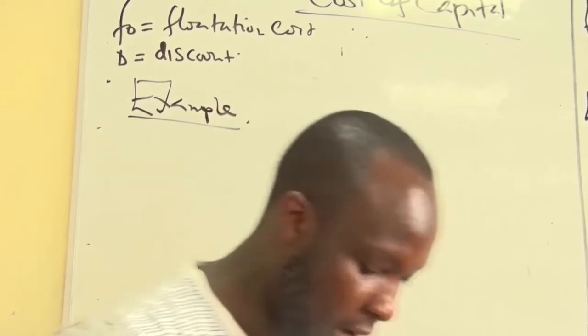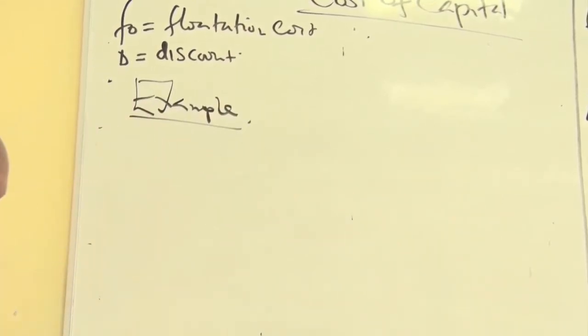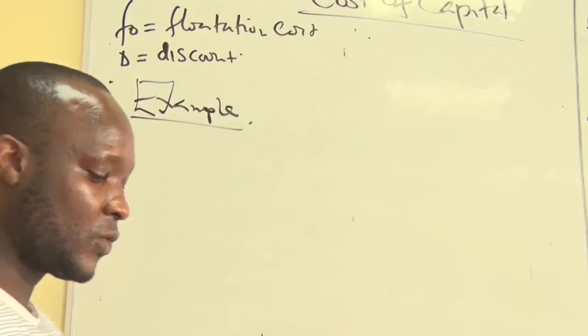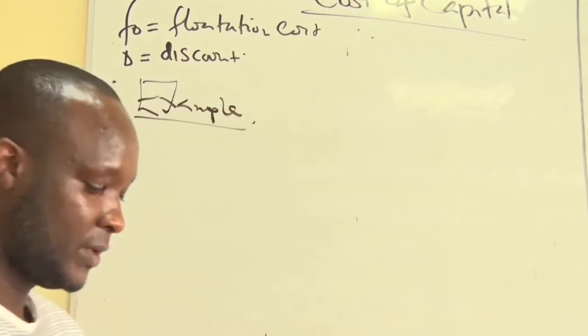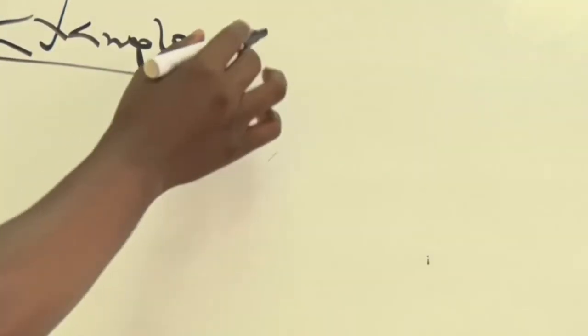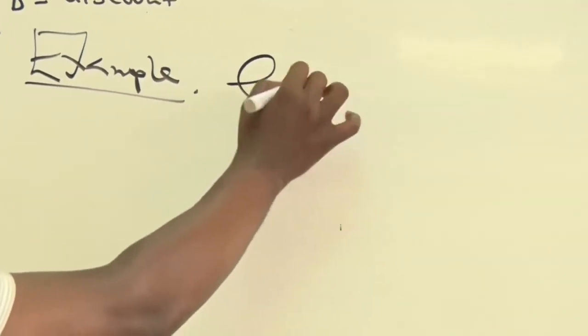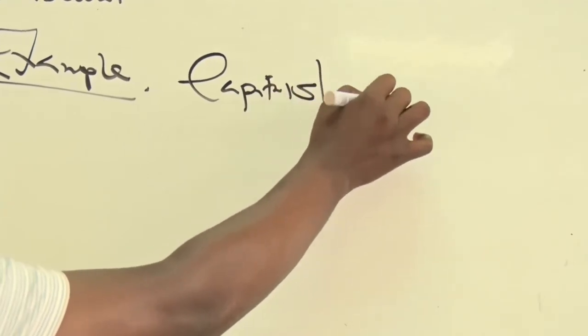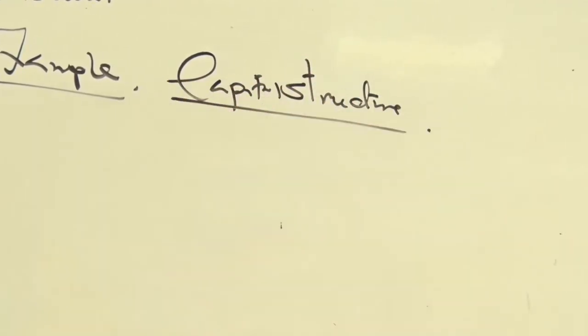For example, the capital structure of Ukulima Limited, which is a company in this case, is shown below.